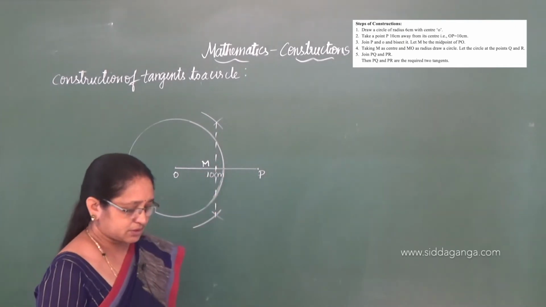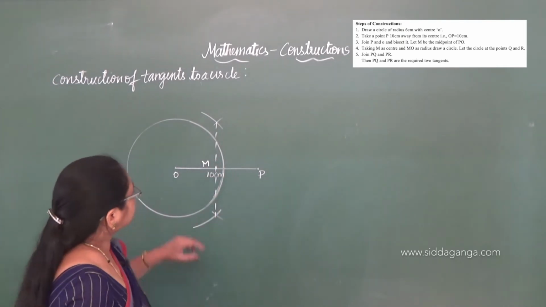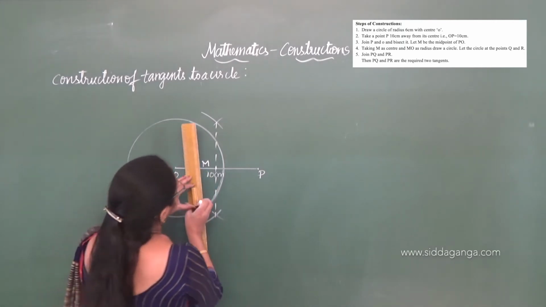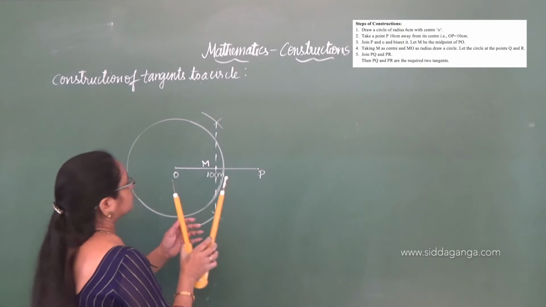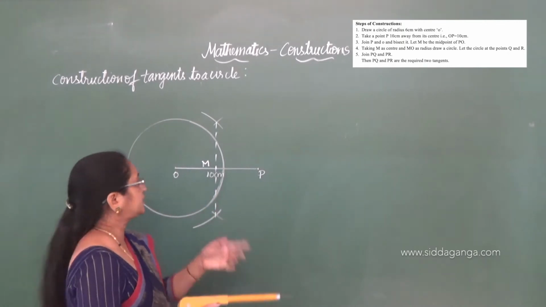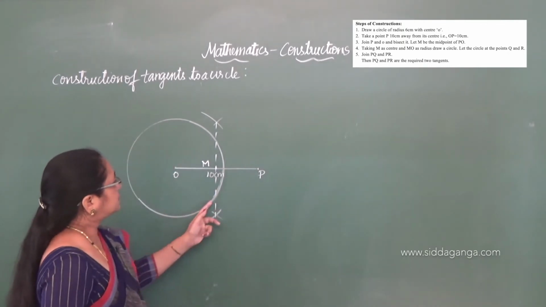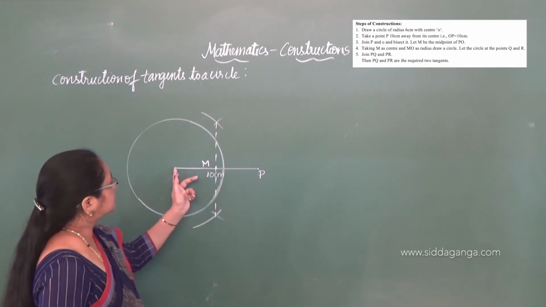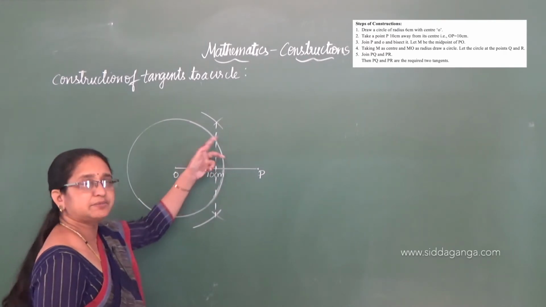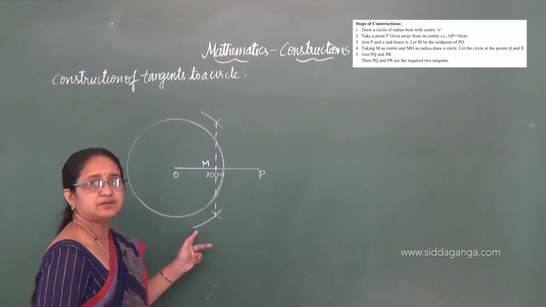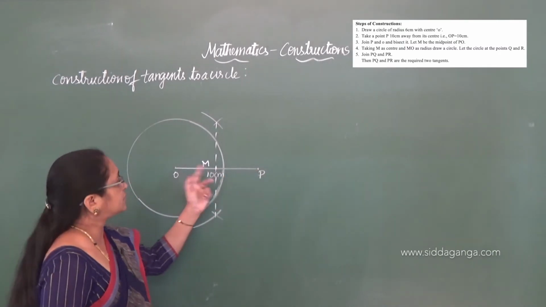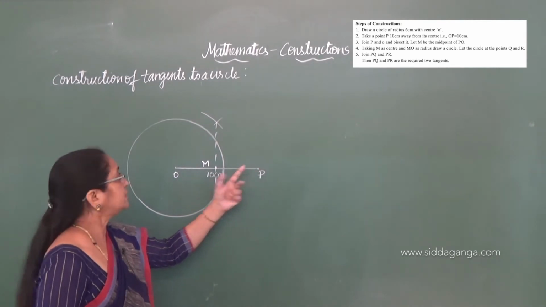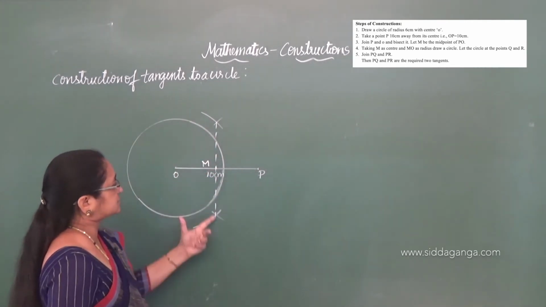Now next. Can you see M here, and now the next step. So what I did first, with 6 centimeter as radius I have drawn the circle, and 10 centimeter away from the center I have taken the point P, and then I have drawn a perpendicular bisector, third step.